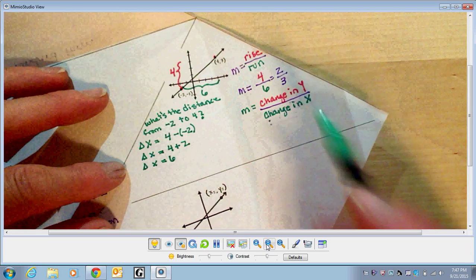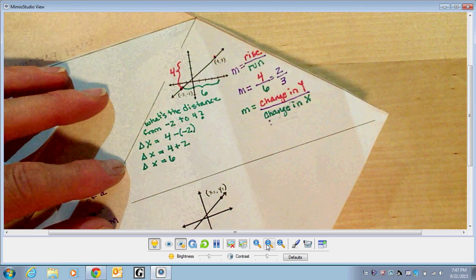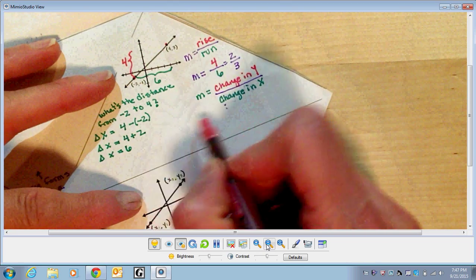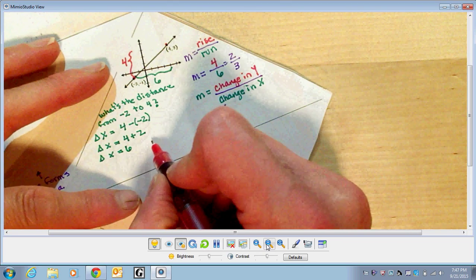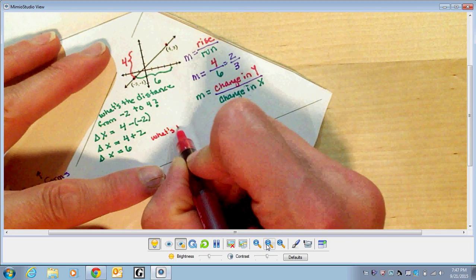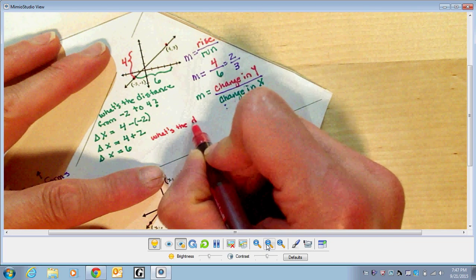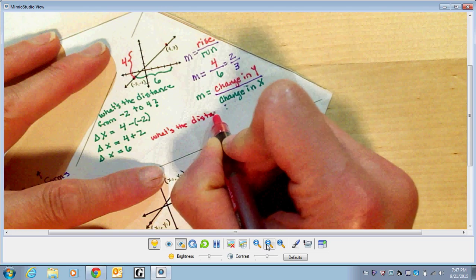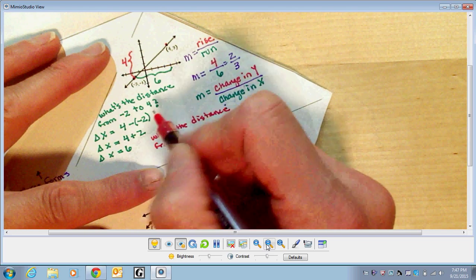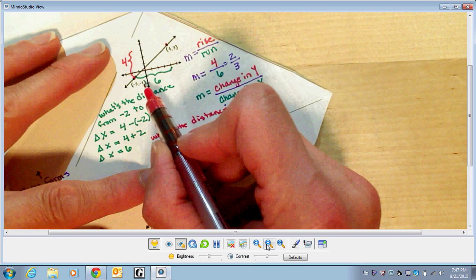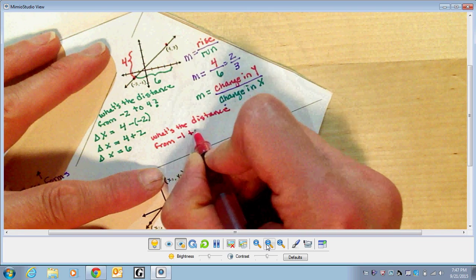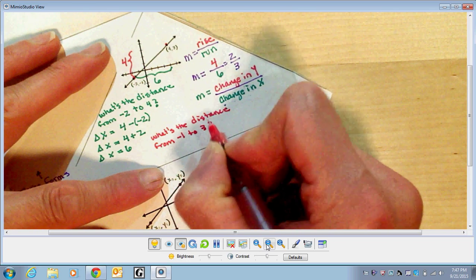Okay? So if we want to know the change in y, which I should have done first, I'm going to kind of squeeze this in here. So what's the distance from, well, what's our y? -1 to 3. From -1 to 3.